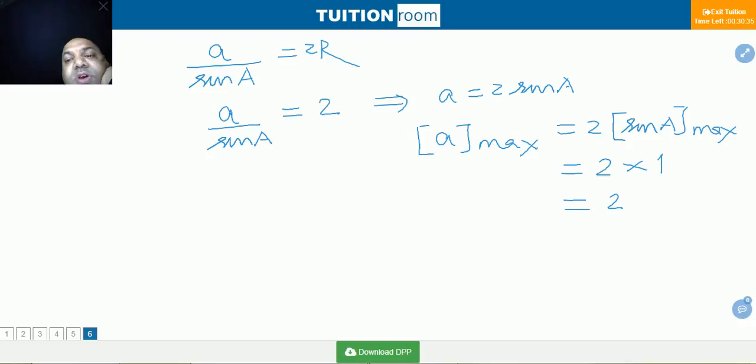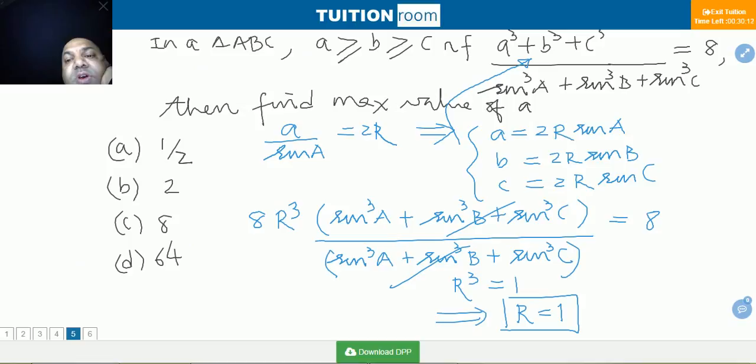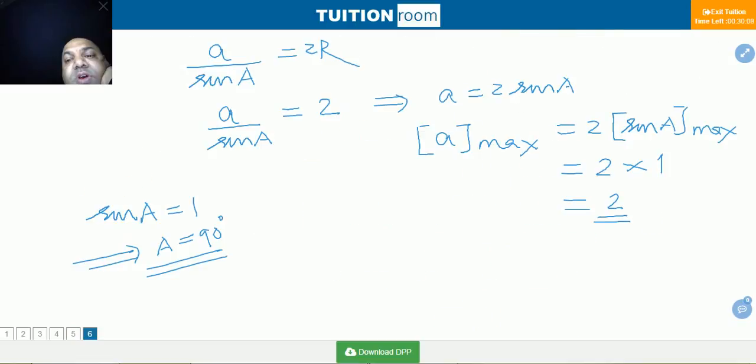And it will be maximum when sin A is equal to 1. This implies that A is equal to 90 degrees. But it is not asking that. It is asking only the maximum value of a, and the answer will be: maximum value of a will be 2. Okay, then guys please copy it, then I will proceed for the next problem.